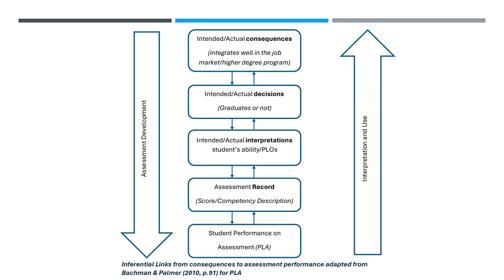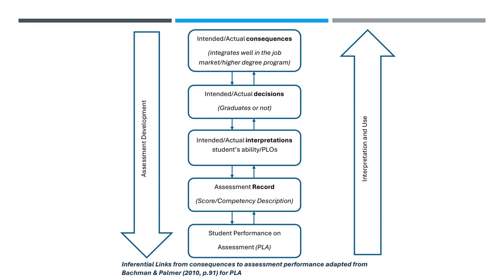Now, the assessment use argument, the one that Bachman and Palmer introduced. I like this diagram that they have in their book, and it is being used widely in different parts of the world. It's looking at why we are assessing.